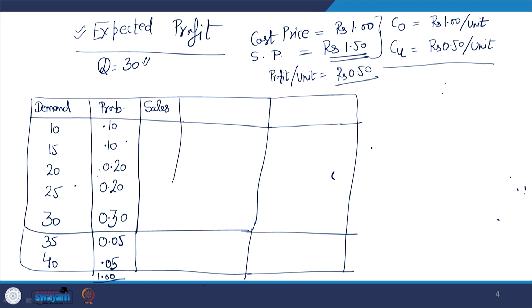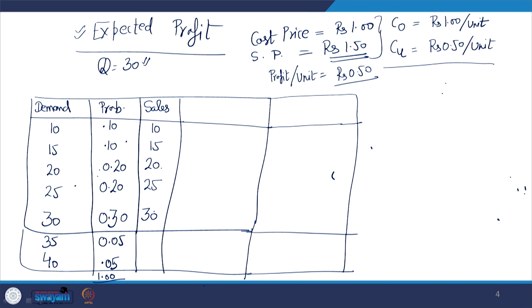Because 10 is the demand, you are able to sell 10 newspapers. Demand is of 15, you are able to sell 15. Demand is of 20, you are able to sell 20. Demand is of 25, you sell 25. Demand is of 30, you sell 30 newspapers.